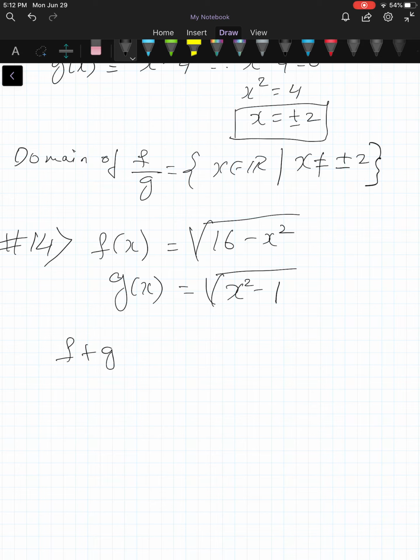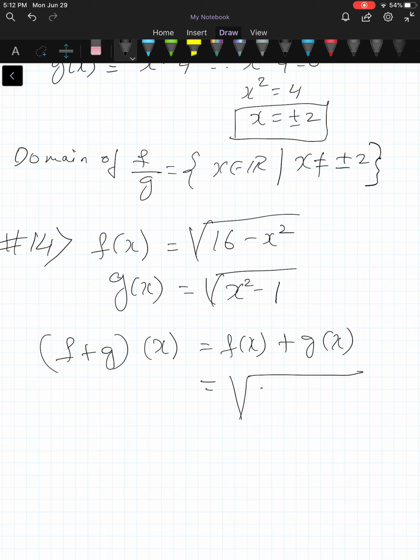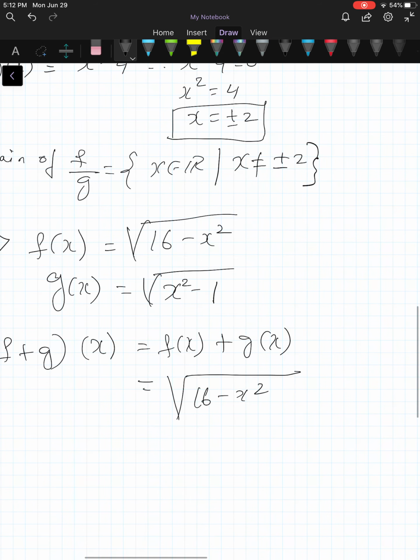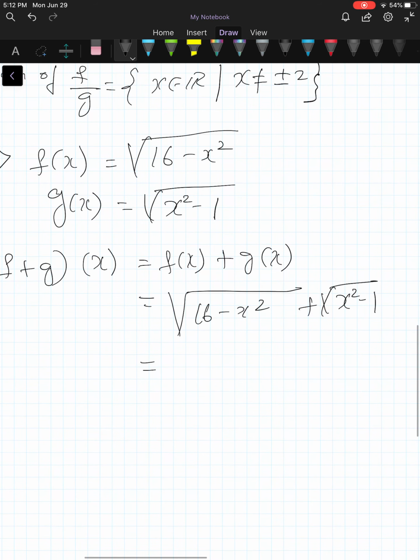So f plus g of x is nothing but f of x plus g of x. If I add them, I will get square root of 16 minus x square plus square root of x square minus 1. I can't combine them because you have square roots and an addition sign separating them. Let us see if we can simplify them. I don't think we can, because we don't have common factors.